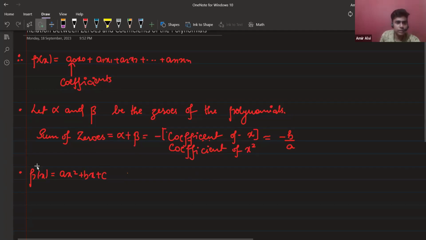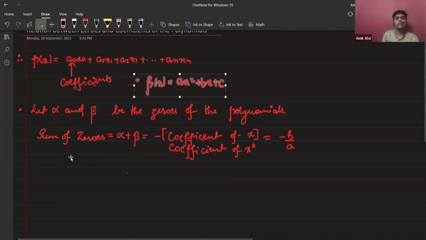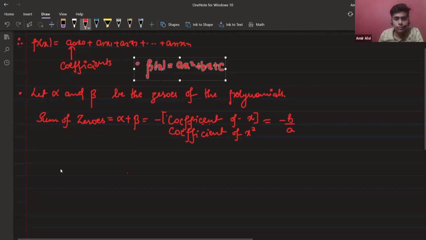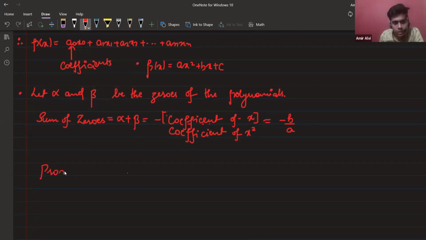Okay, just a second. Let me take this and place it upward somewhere. Okay, now here it is placed. It would be a very good use of space. So next is product of zeros. Alpha into beta.